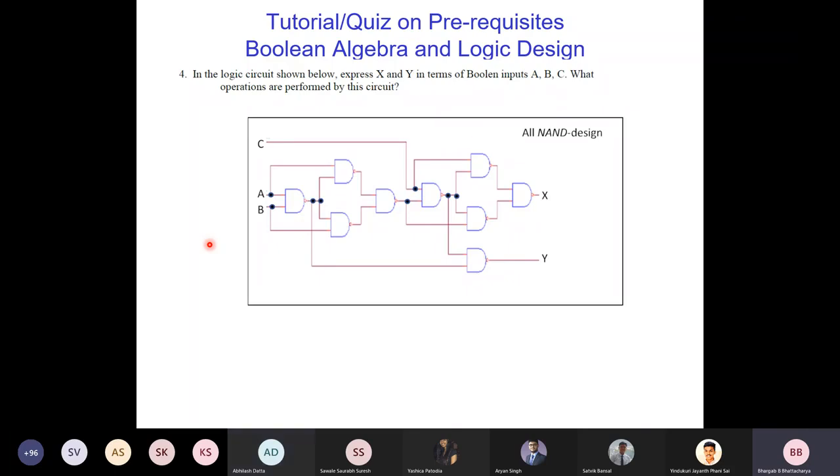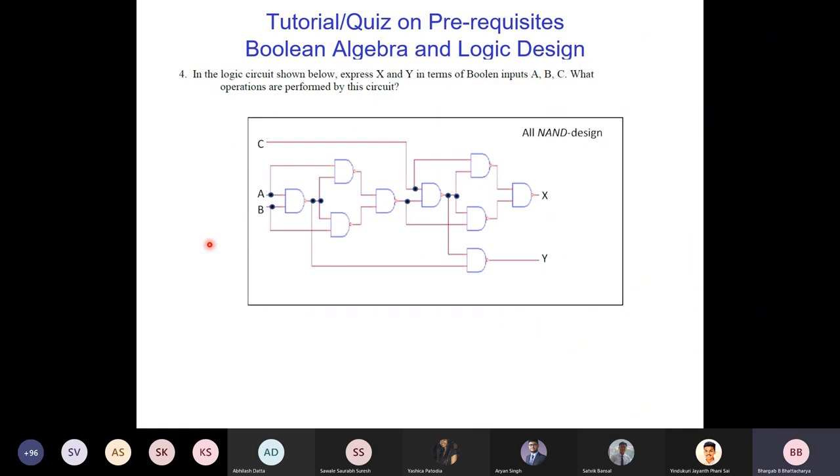Similarly, NOR is universal, right? So I don't need any other gate. Using only NAND gates, I can do anything. If I have a mechanism of implementing a NAND gate, that is sufficient. I can interconnect those NAND gates depending on my requirement, and realize any arbitrary Boolean function as desired.